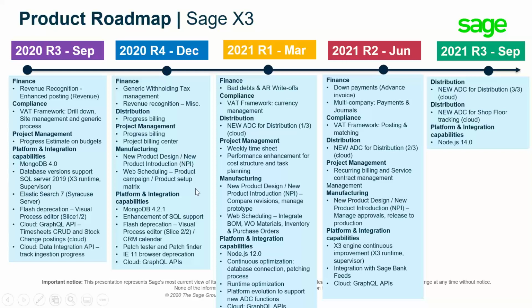After that, to ease the manufacturing process, for web scheduling we will integrate the bill of materials, work order materials, inventory data, and purchase orders from Sage X3 into the web scheduling to be able to take advantage of the available to promise capability inside the web scheduling, not in X3.